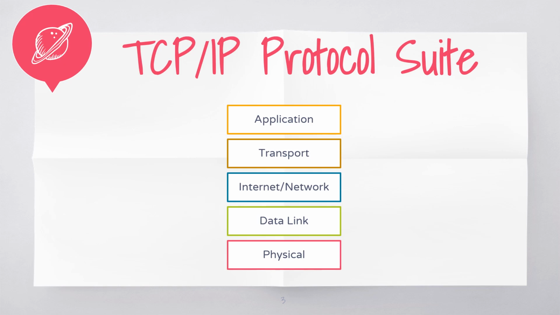And one thing that one needs to understand here is that any information added by a specific layer is understood only by the same layer at the next intermediate device or at the end device. That means the encapsulation that is done at the application layer can be decapsulated only at the receiving application layer.